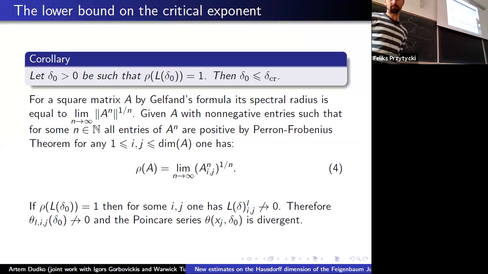And due to the inequality with the matrix of Poincare series, we obtain that the partial Poincare series theta L ij will not converge to 0. And so this implies that the complete Poincare series will be divergent.